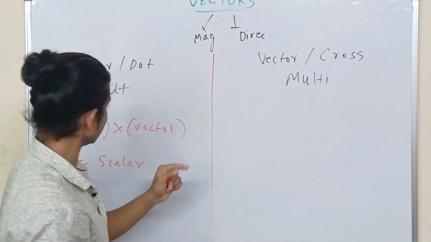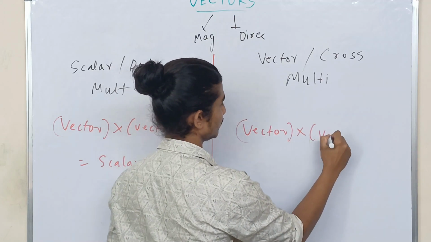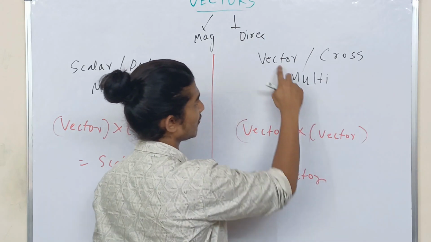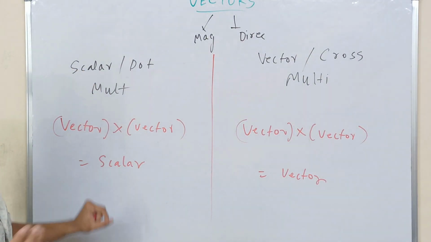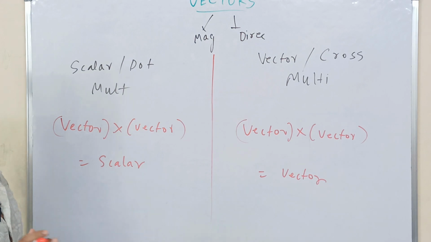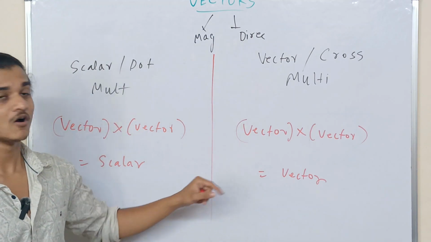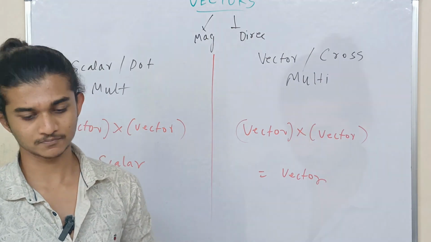Whereas in vector multiplication, if you multiply a vector with a vector, you're going to get a new vector as your answer. So that's why it's called vector multiplication. In this case, it's called scalar multiplication because the answer you obtain as a result is a scalar, whereas in this case it is a vector. Now let us see these two different types of multiplication in detail with examples and problems.